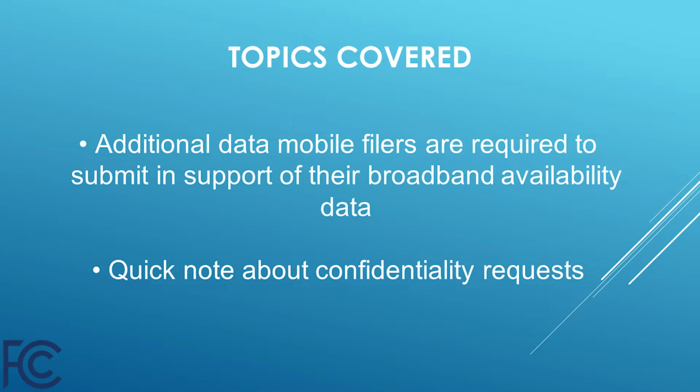And we also discussed information about submitting signal strength heat maps and the data specifications for mobile broadband and voice availability data. In this companion video, we provide detailed information about the additional data that mobile filers are required to submit in support of their broadband availability data, including mobile propagation model details, link budget parameters, and clutter data.